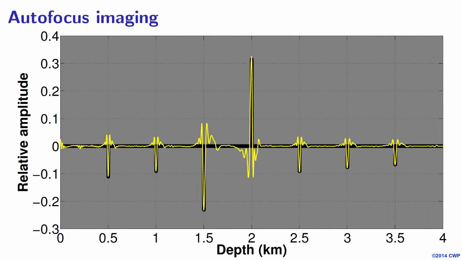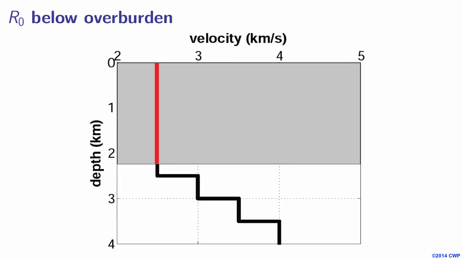Now, what we can also do is redatum our data, because the salt creates internal multiples, yet small, but in this case it could have large internal multiples, so we can actually redatum. We can go below the salt and play as if there were sources and receivers below the salt.